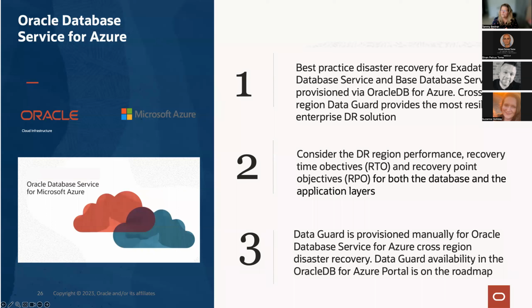Data Guard is provisioned manually right now for Oracle Database Service for Azure cross-region disaster recovery, and Data Guard availability in the Oracle Database for Azure portal is on the roadmap. We continue to make great strides with our portal to make things more efficient and easier for you to configure this solution.